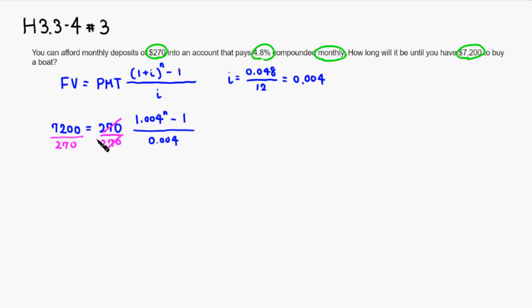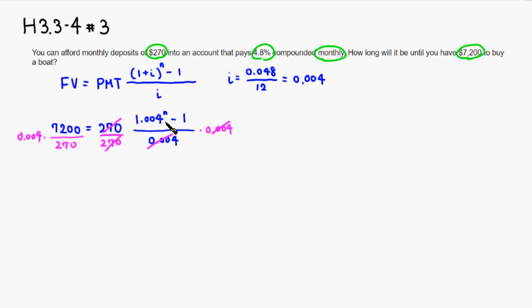And also we want to get rid of 0.004 on the bottom, so I'm going to multiply both sides by 0.004. That way we can cancel that guy and that guy.